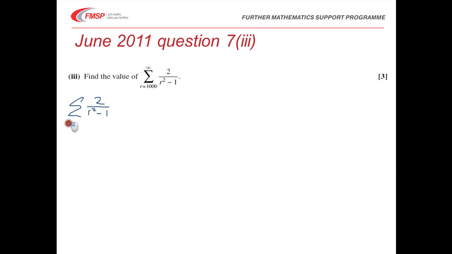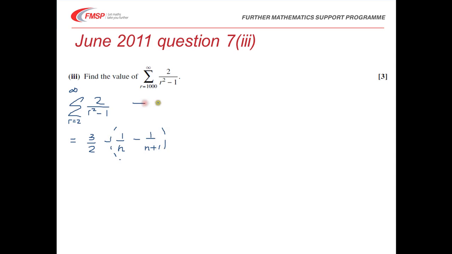We know that we've got the sum from r equals 2 to infinity. We could find that, because that's just going to be our sum, which is 3 over 2 minus 1 over n minus 1 over n plus 1. But with that, we'll have to be careful about as n tends to infinity.